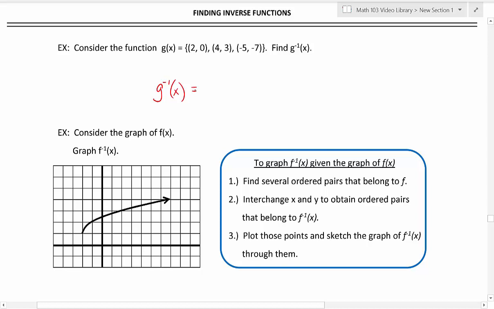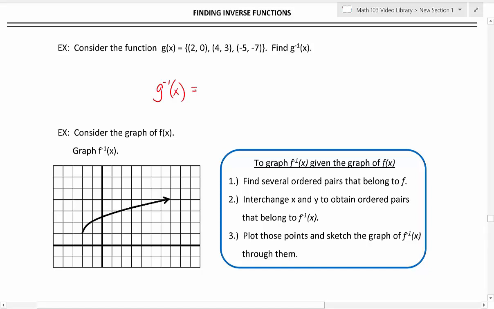We're going to use property number 1 of inverse functions to find g inverse. Our first property said that the domain of the inverse function is equal to the range of the original, and the range of the inverse function is equal to the domain of the original. Basically, the x and the y values just switch roles.